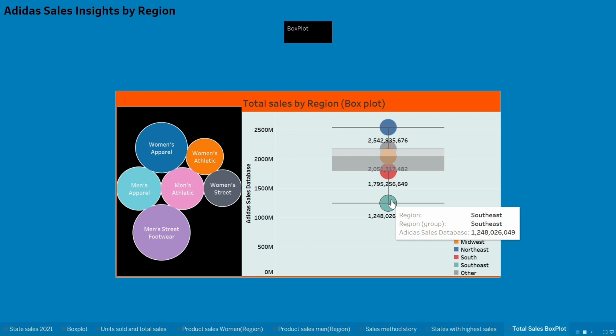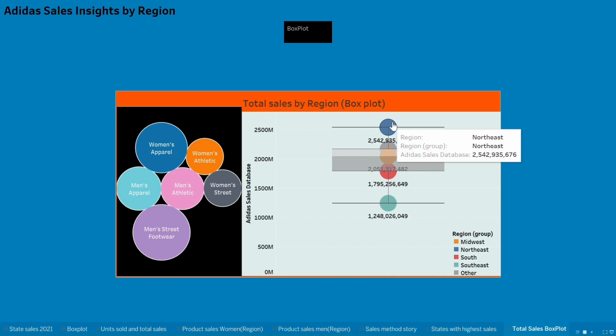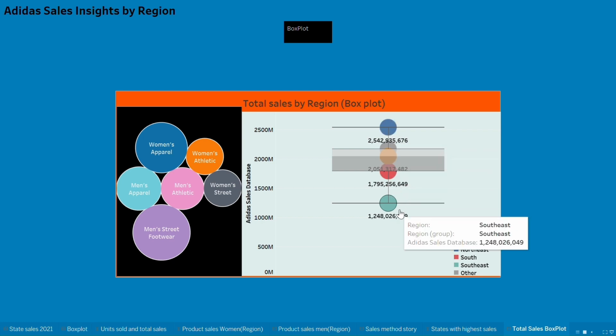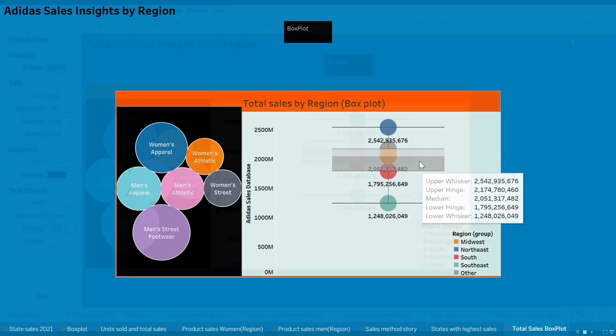So this box plot shows a clear hierarchy of Adidas' sales across US regions. It demonstrates that the strongholds are the Northeast, followed by Midwest, South, Southeast, and then that's about it.